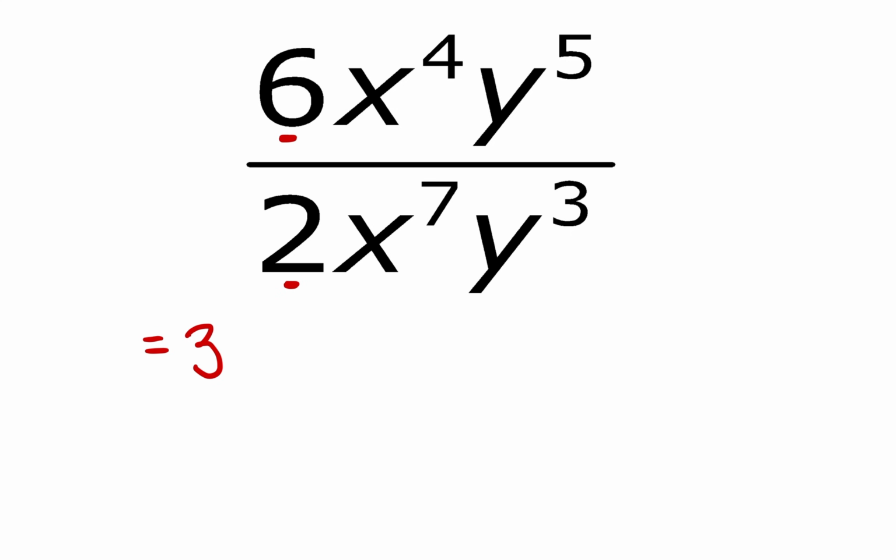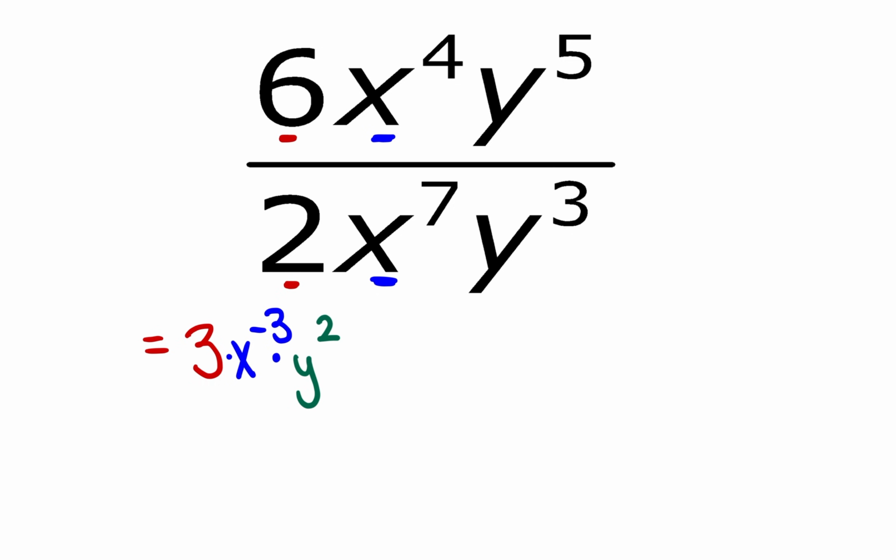Then we have x to the 4th divided by x to the 7th. So we subtract the exponents, 4 minus 7, so we have x to the negative 3, times y to the 5th divided by y to the 3rd. So we have 5 minus 3, which will give us positive 2.